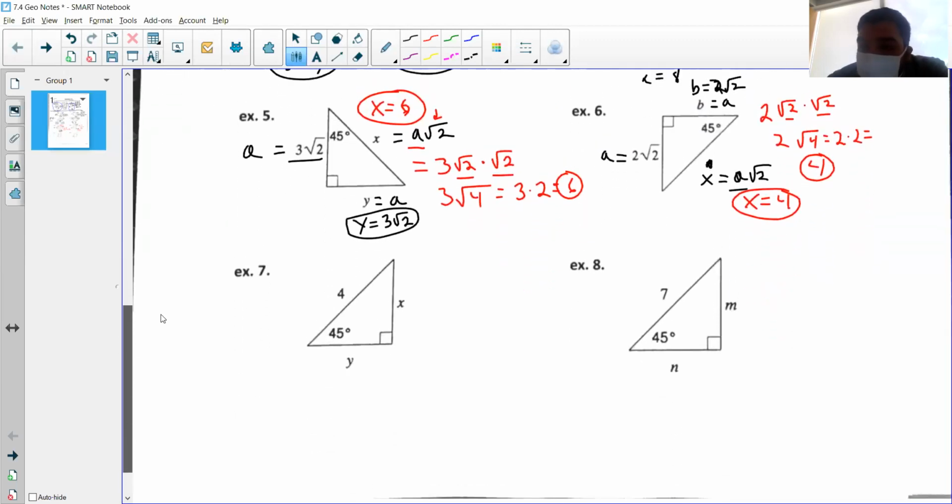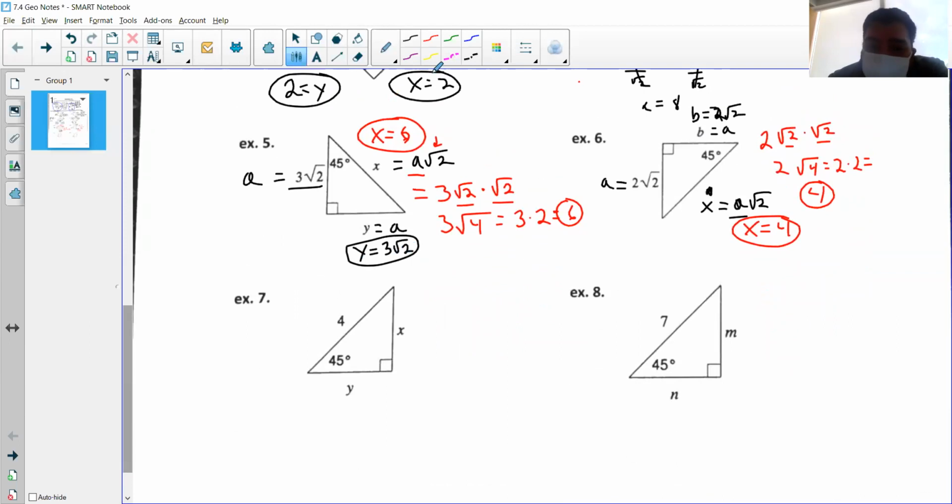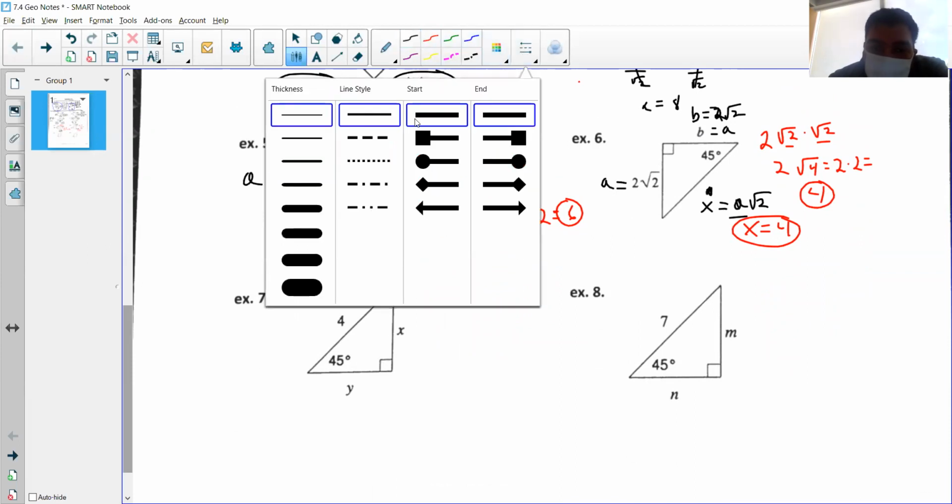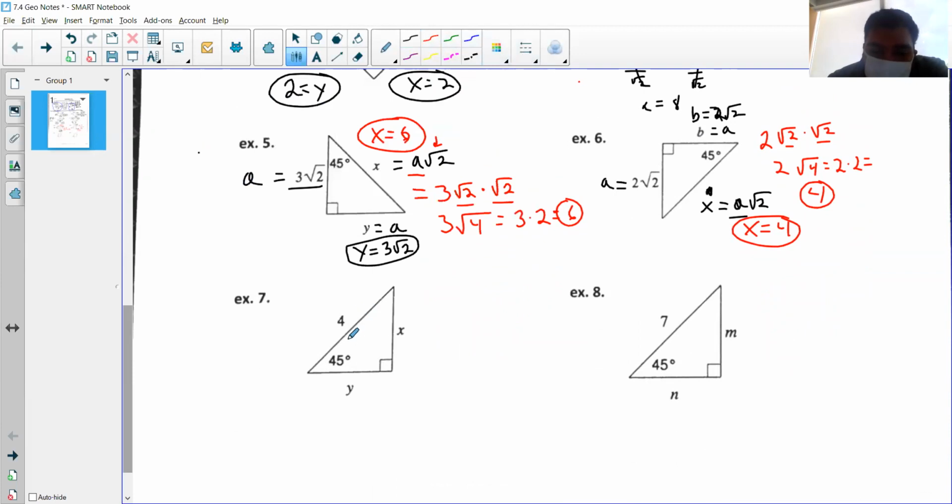Last one of the 45, 45, 90s, and then we'll be done for today. For this one, you have 45. This is 45. So x equals a and y equals a, while 4 is a root 2.